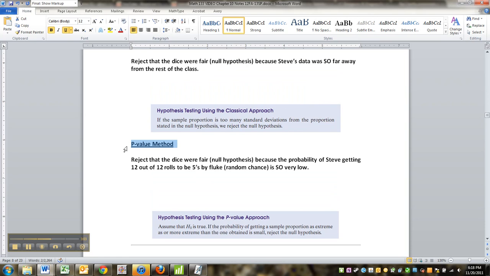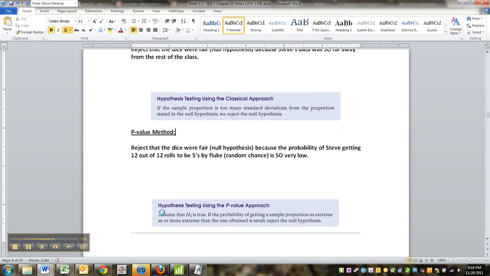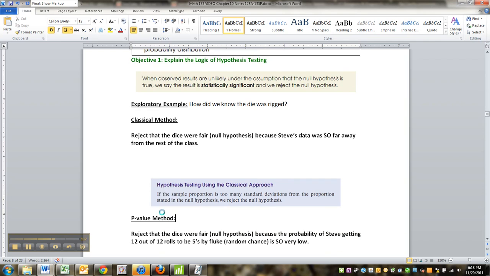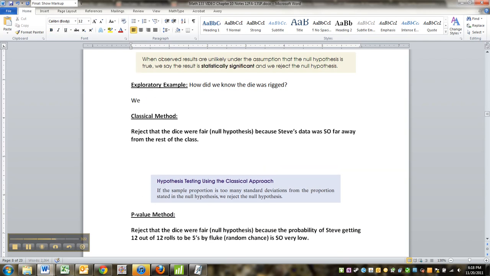Now, both of these methods kind of go hand in hand. You think, oh, okay, well, I know that I'm going to reject the null hypothesis that the dice are fair because he's so far away from the rest of the group. Or I know I'm going to reject because chances of him getting what he got are so low. And of course, we always assume that all dice rolls are unbiased and random, right?